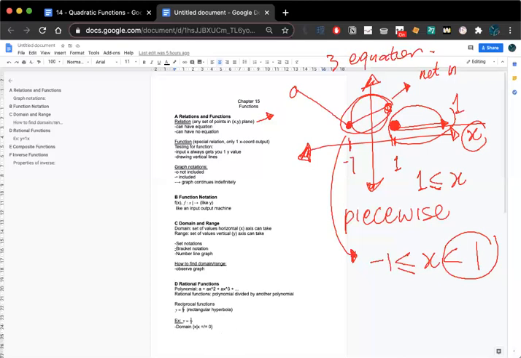Okay, and then after that, there's the function notation. In math, we have several function notations, which is the f(x) or the f dot.